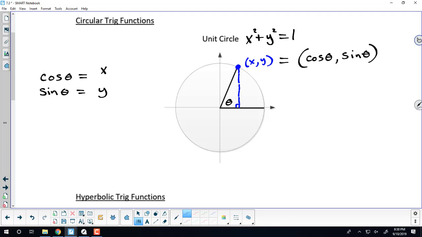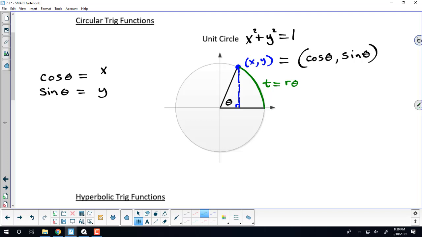So when we look at the hyperbolic ones, you'll see this t floating around. Maybe we can connect that to this setting as well. Does anyone remember how to measure this arc length here? The arc length of a sector? Percentage of the circle. Yeah. So that length is the radius times theta.